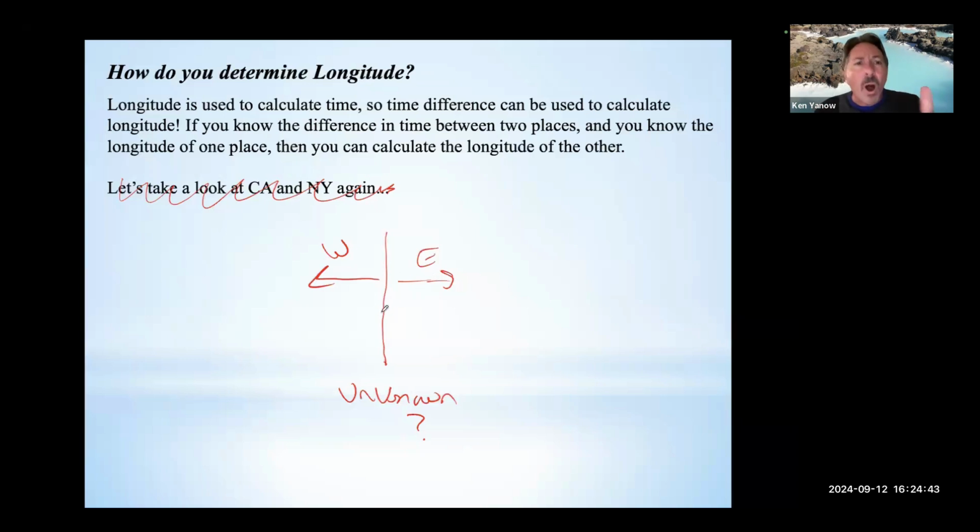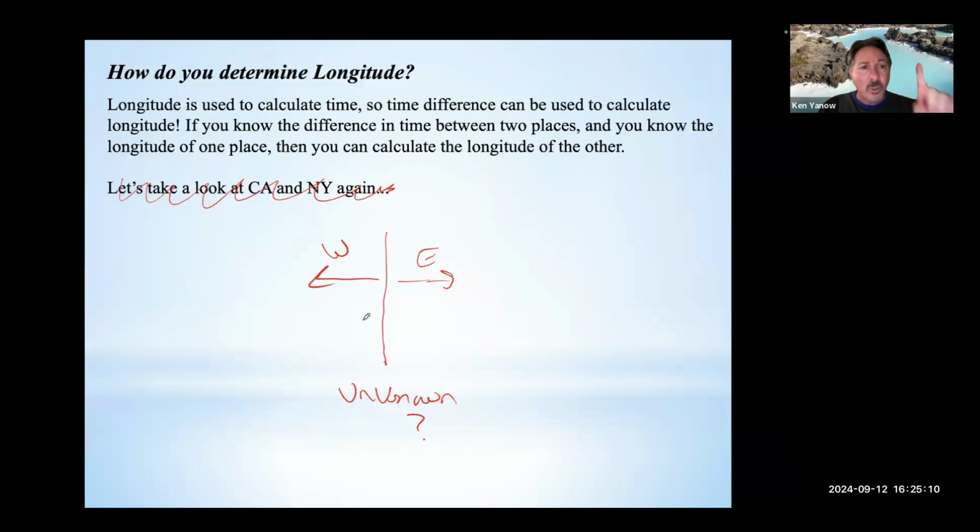You only have a watch on you, but good for you that the clock is set to San Diego time, which you know is about 120 degrees west longitude. You don't have any other clock. There's nobody around you who's going to be able to tell you the time. But what you can do is figure out when it's solar noon for you. Because when it's solar noon, the sun is at its highest point in the sky.